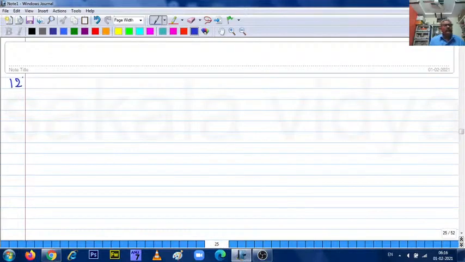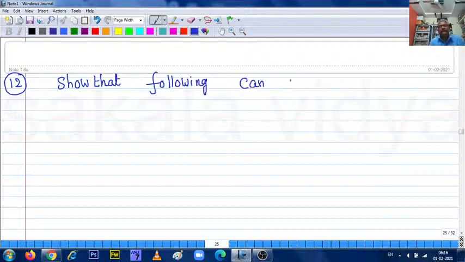Now the 12th question. Show that the following can never end with the digit 0.